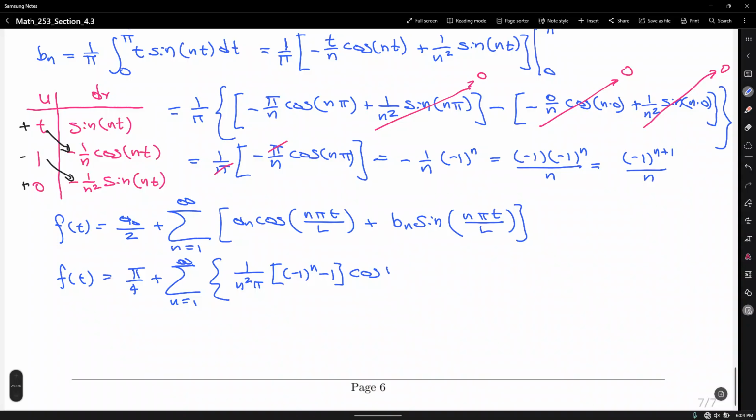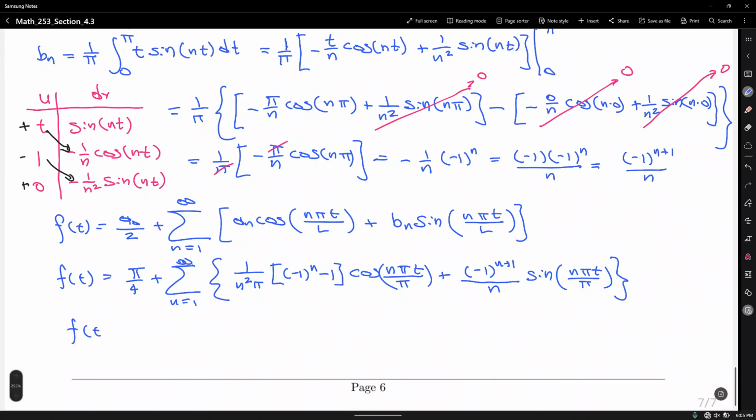That times cosine of n pi t over pi, which is L, plus b sub n, which is what we just found, negative 1 to the n plus 1 over n, that times sine n pi t over pi. To avoid writing too many grouping symbols, I'm going to have this negative 1 to the n minus 1 multiply with the 1 right here.